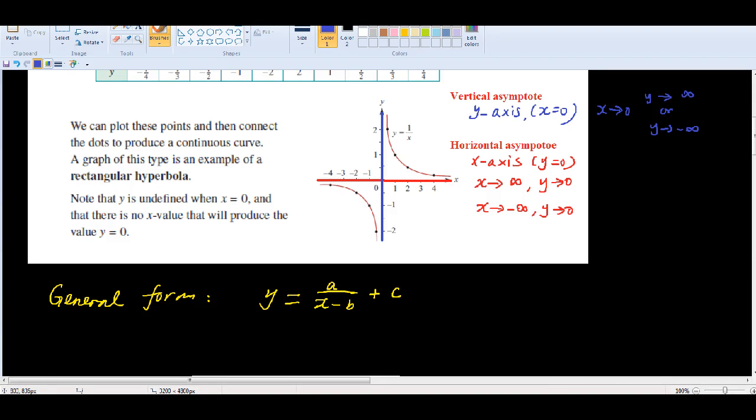That just means when x approaches 0, you see the graph rises sharply on the right hand side, the positive side of x, or it declines very sharply on the negative side of x. So the feature of that vertical asymptote is that when x approaches that value, y either tends to positive infinity or negative infinity.